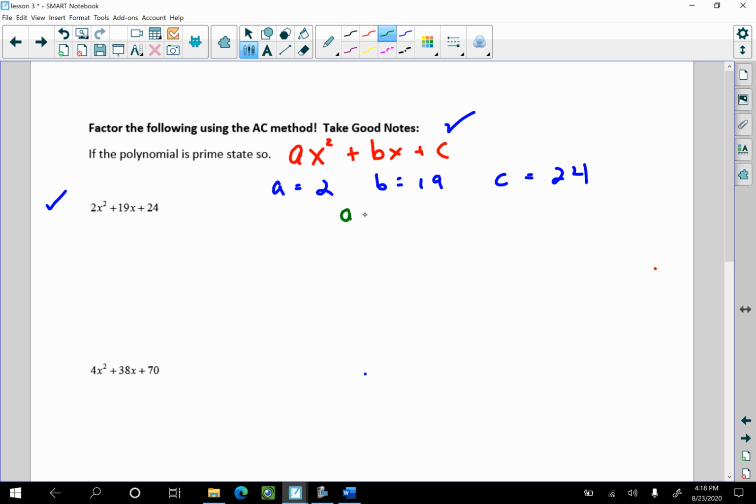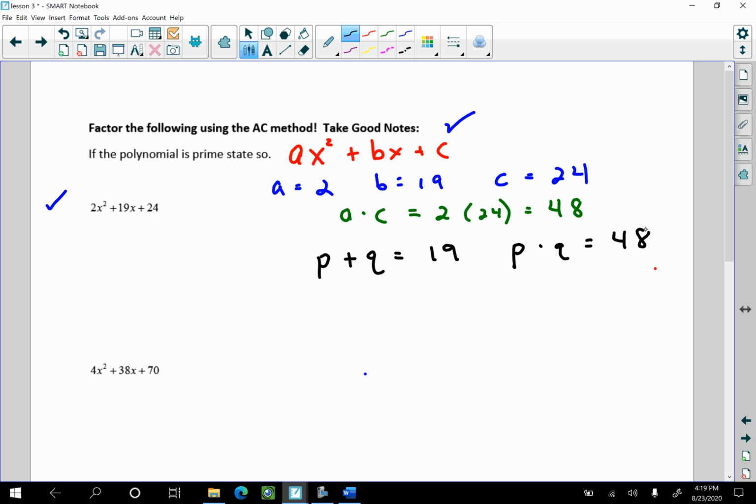Well, a times c is 2 times 24, which is 48. What I want to do now is find two numbers such that p plus q is equal to b, which is 19, and p times q has to equal 48, a times c.